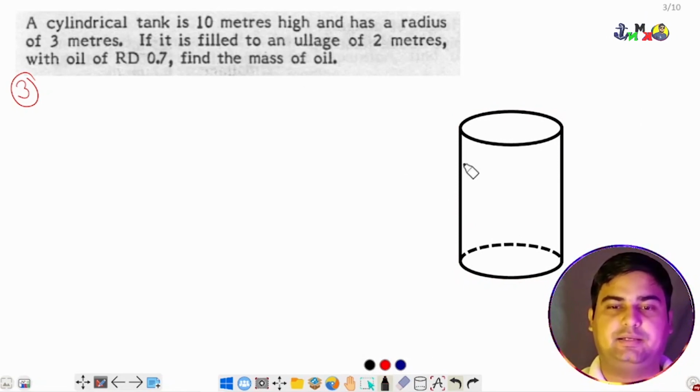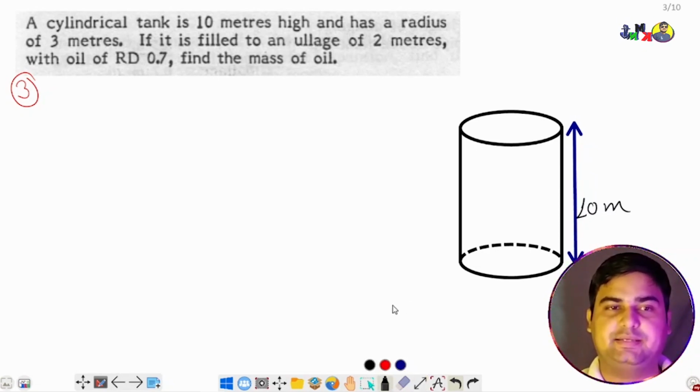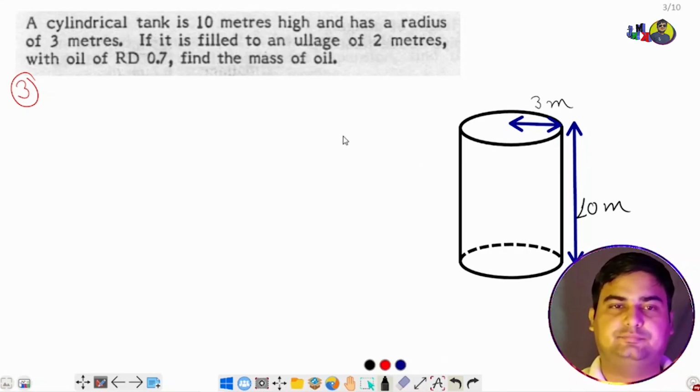The height of the cylinder is 10 meters. Then it is saying it has a radius of 3 meters. So we'll mark the radius. Radius is 3 meters.